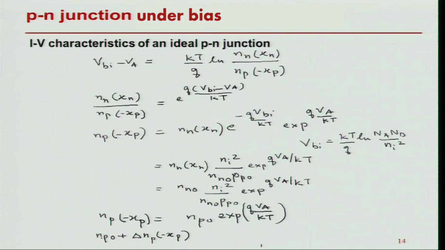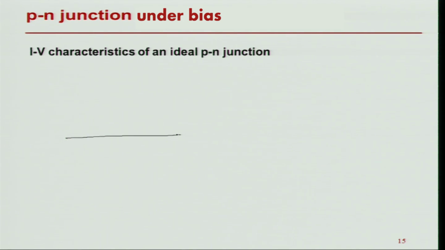The equilibrium concentration plus excess carrier concentration is what it is at the point x p. So I can take n p o on this side and I will get an expression for the excess carrier concentration at the edge of the p type depletion region. So, using this low level injection, we have found the boundary conditions for my solution to the differential equations.